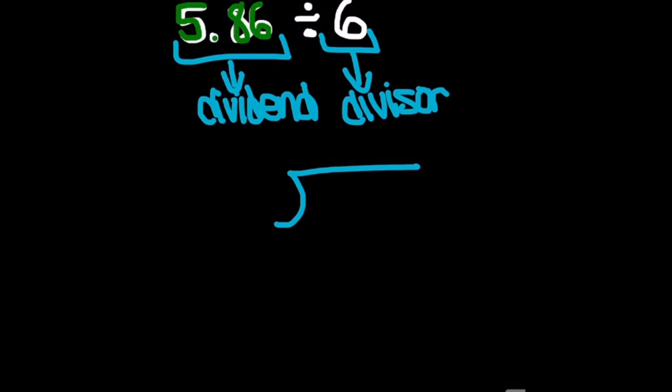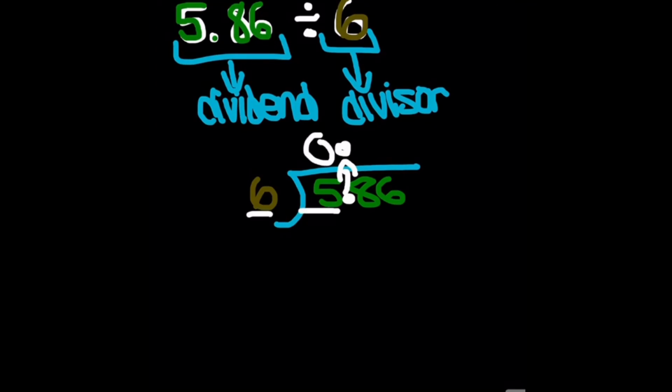5.86 is going to go inside, and our 6 will go outside. Now remember, the first step always is to bring up the decimal. 6 can go into 5 0 times. Nope, that doesn't work yet.